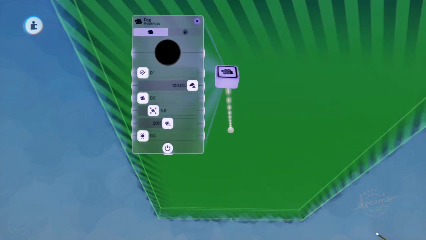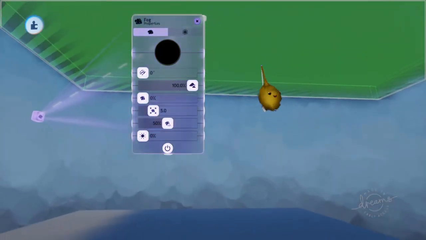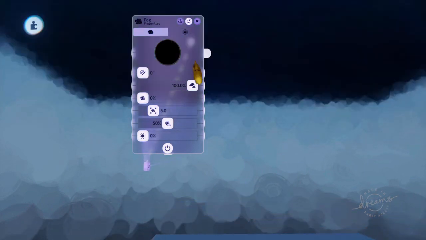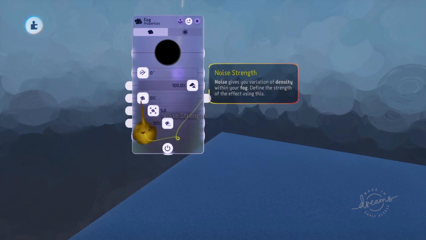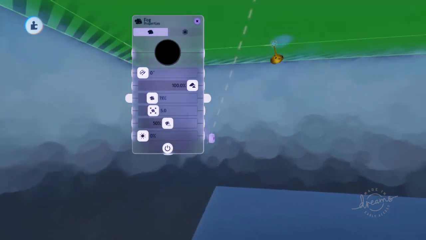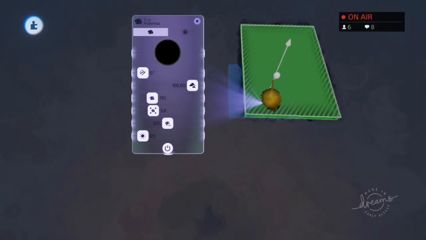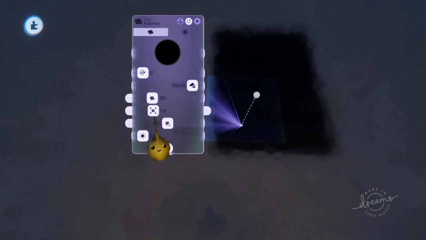So the key to getting some light patches over here is to give it some noise strength. So noise strength, if we have a look from above, then while I'm hovering over this, it hides the zone and you see the actual fog.